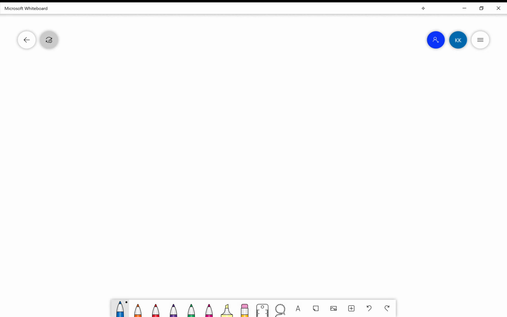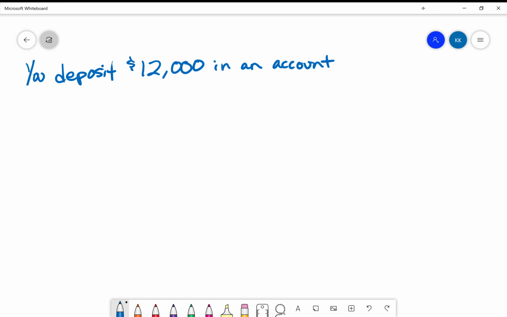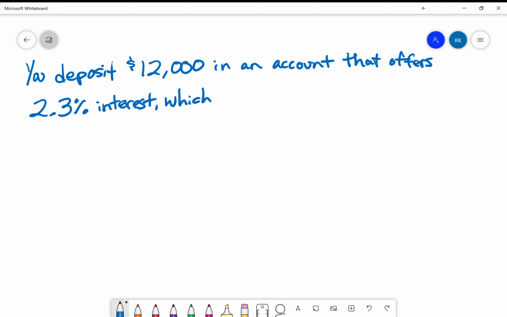This time you deposit, let's go big, $12,000 in an account that offers 2.3% interest, which compounds monthly.